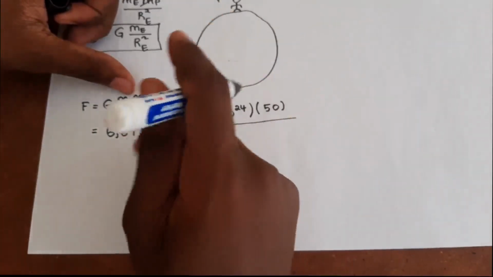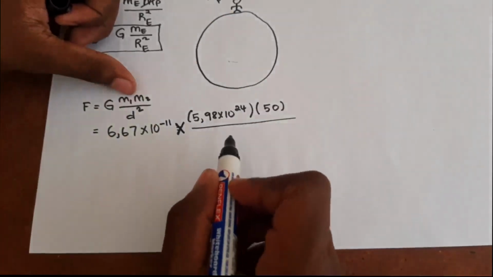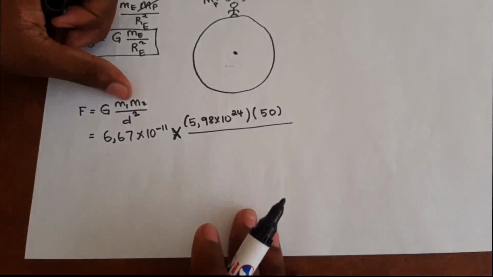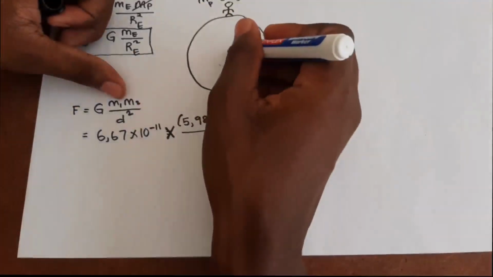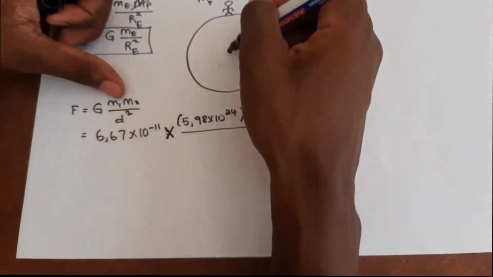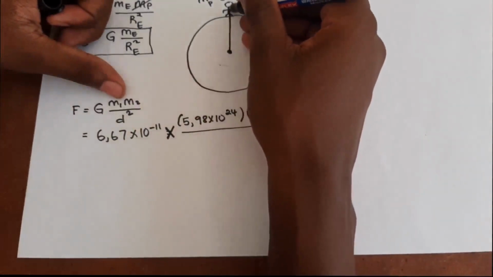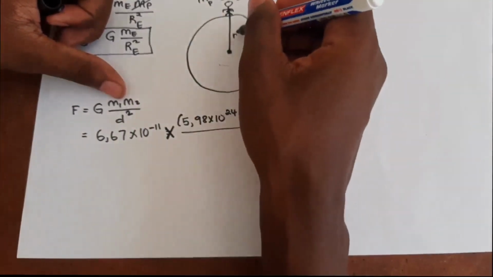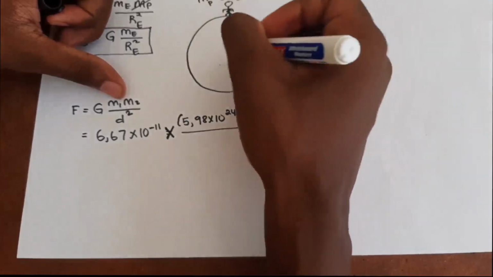What's d squared? The radius of the earth. The distance between the two, from the center of the earth to the center of the person, is going to be the radius of the earth. So this is r, the radius of the earth. What's the radius of the earth?